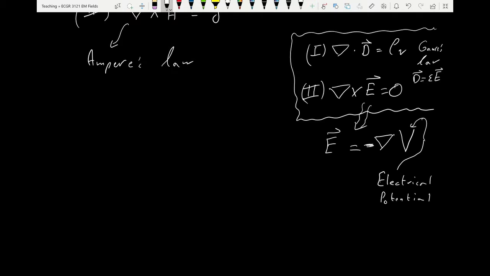From a purely mathematical argument, we could represent E as the gradient of some scalar field. It turns out we could interpret this field V as energy per unit charge, the voltage. That was the definition of the voltage.